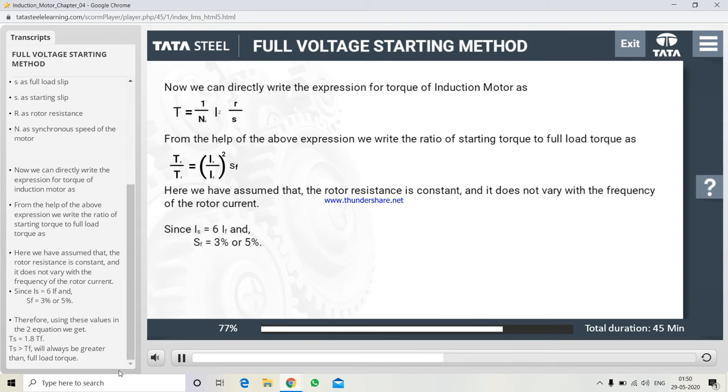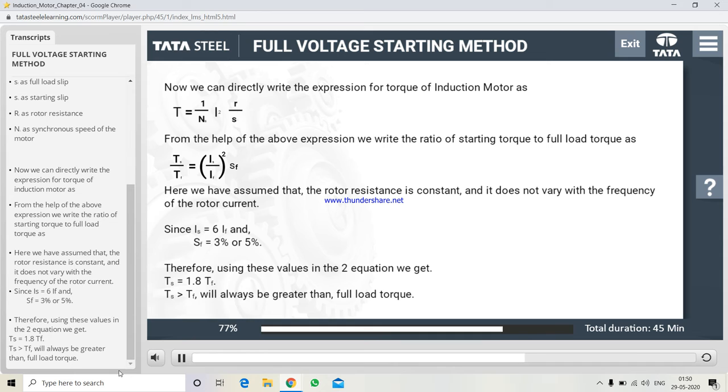Since Is equals 6If and Sf equals 3% or 5%, using these values in the two equations, we get Ts equals 1.8 Tf. Ts will always be greater than full load torque Tf. Click Next to continue.